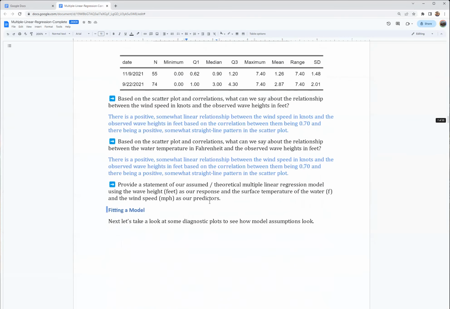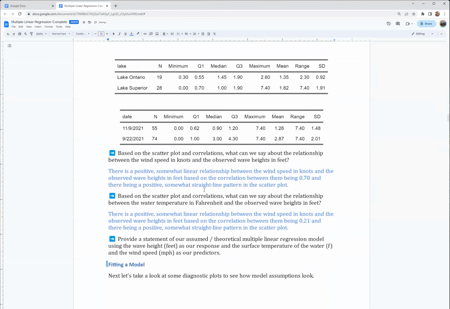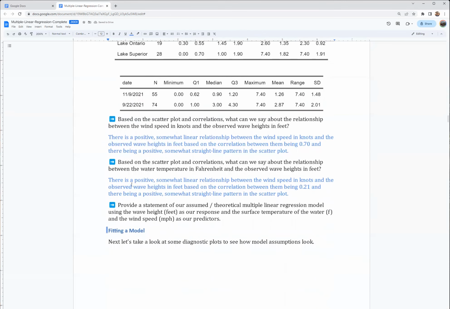So it was only 0.21. So there is a weak but positive relationship between the water temperature, in Fahrenheit, and the observed wave heights.